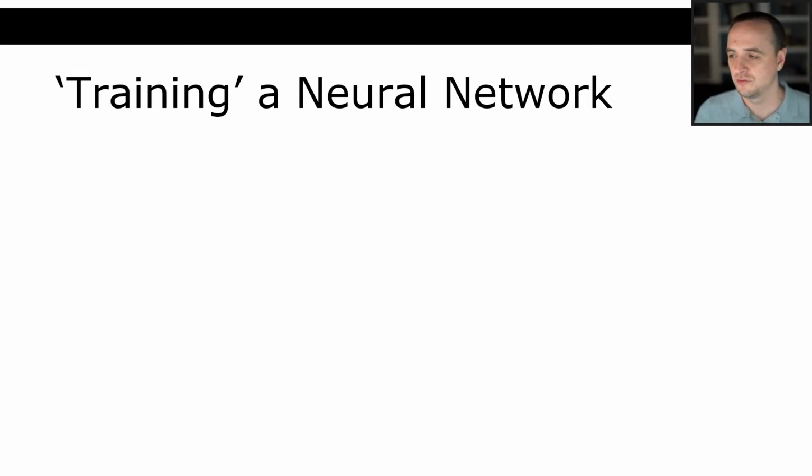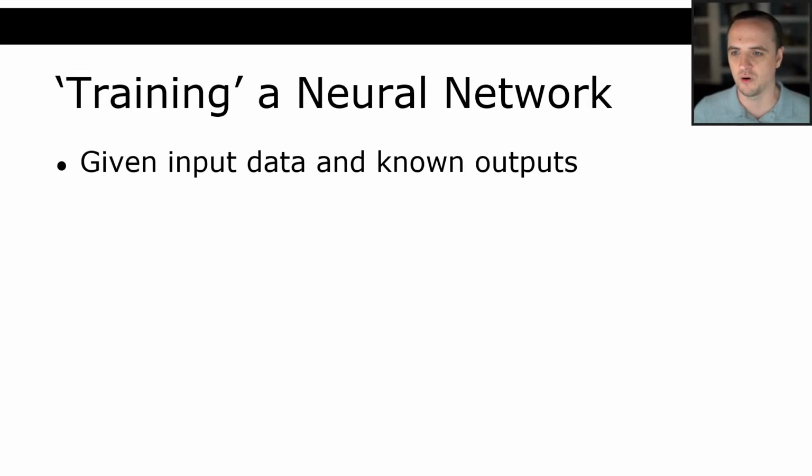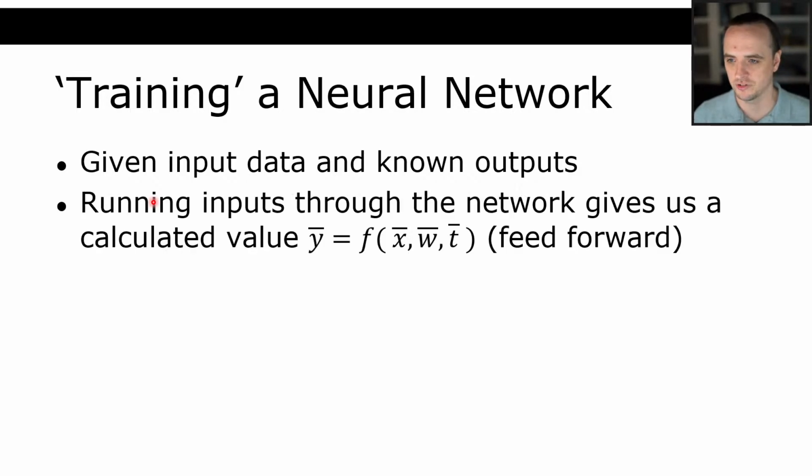So if you've ever heard of training a neural network, what this does is that you are figuring out the weights over time. Given some input data and some known output data, you're going to adjust the weights until your neural net predicts the actual outputs.